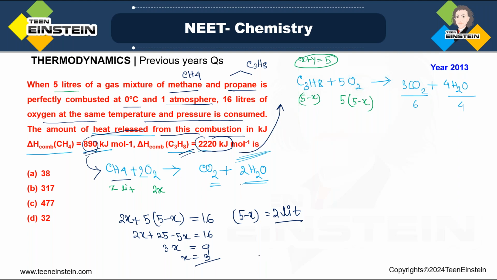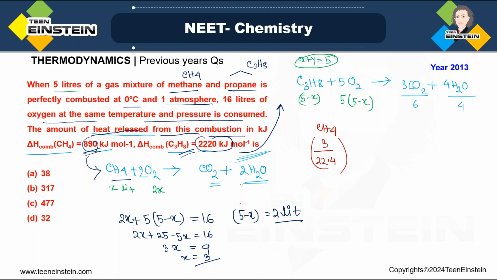So next step, as we already know the individual volume of methane and propane, we will find out the number of moles. The number of moles of methane will be 3 liter divided by 22.4 liter, because we know it is STP condition, so 22.4 liter is the volume of any 1 mole of gas.